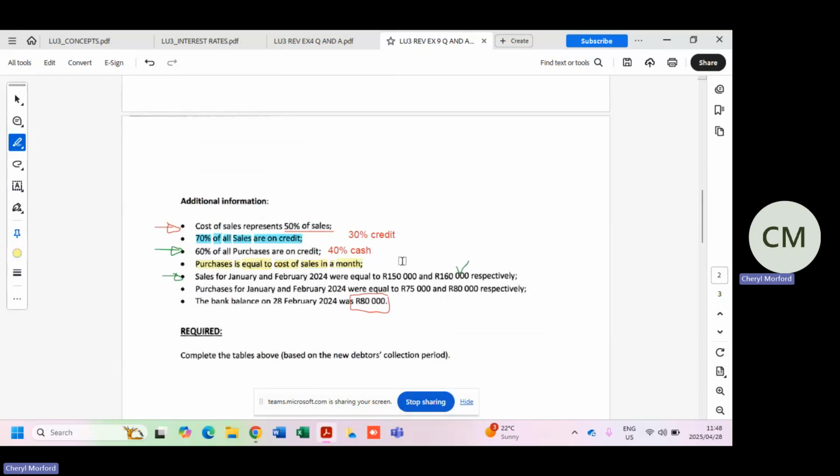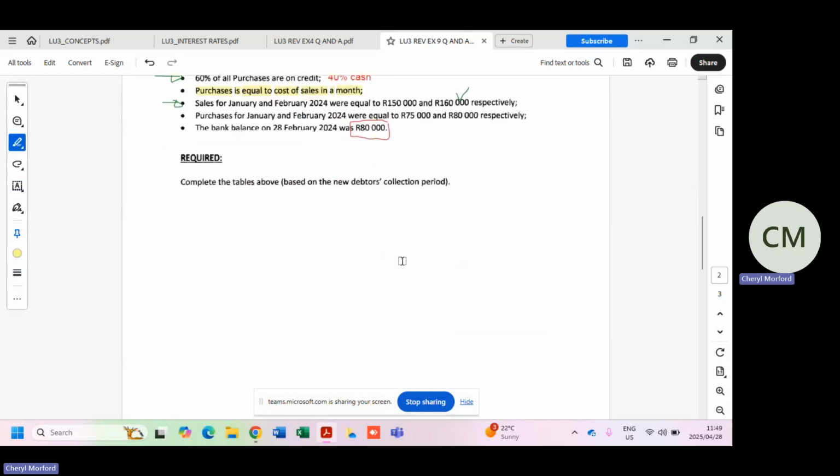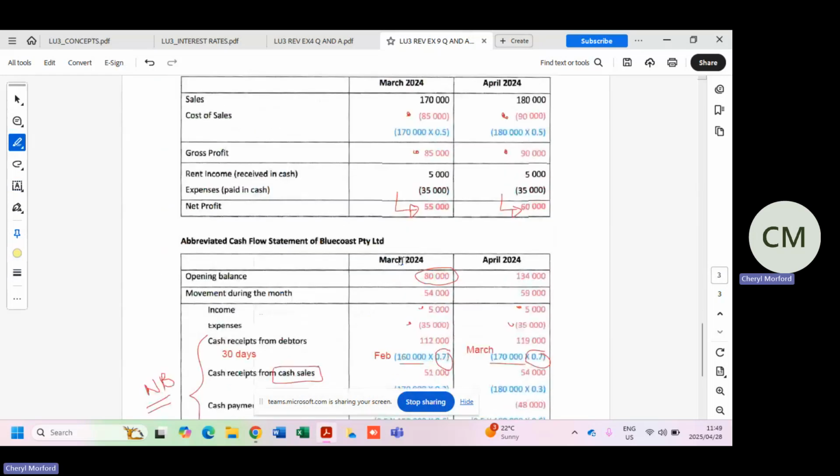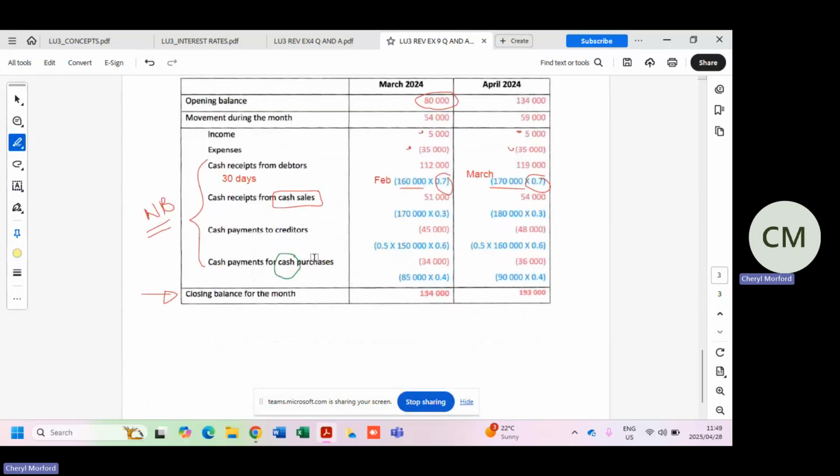Step 1, I need to change that into purchases. So 50% of that. And then when is that going to be made? I'm going to make that payment in March because remember we are starting with the cash purchases.